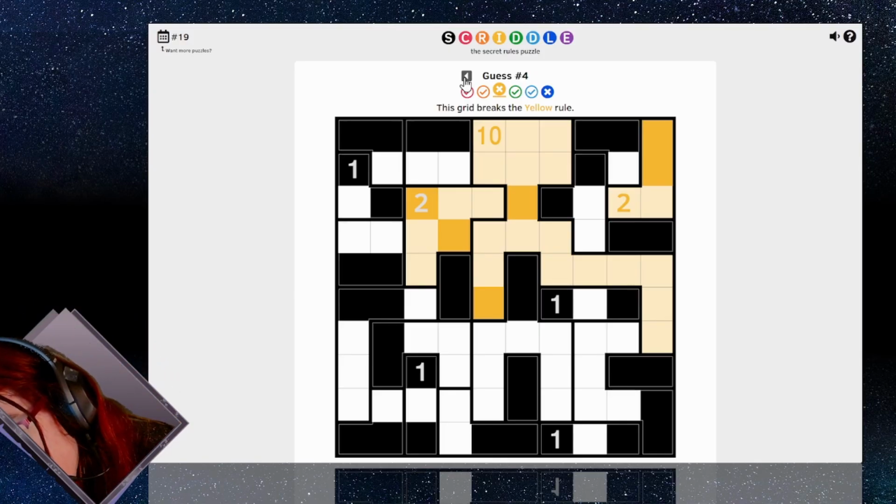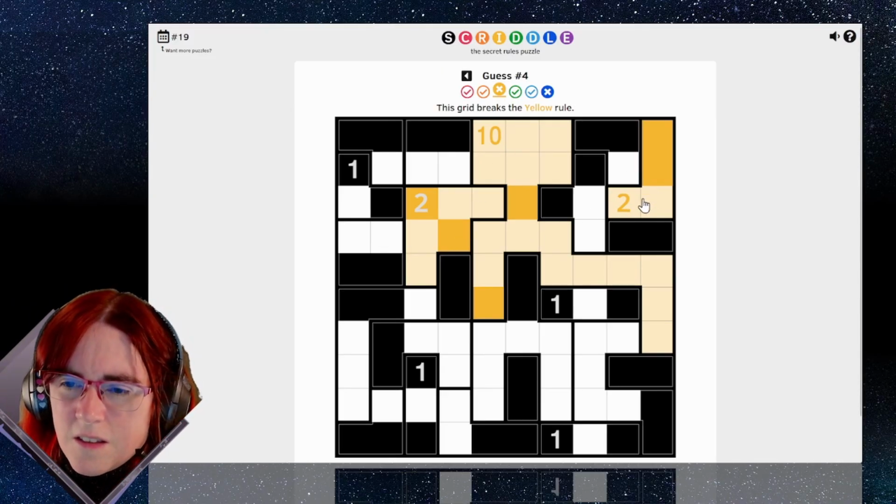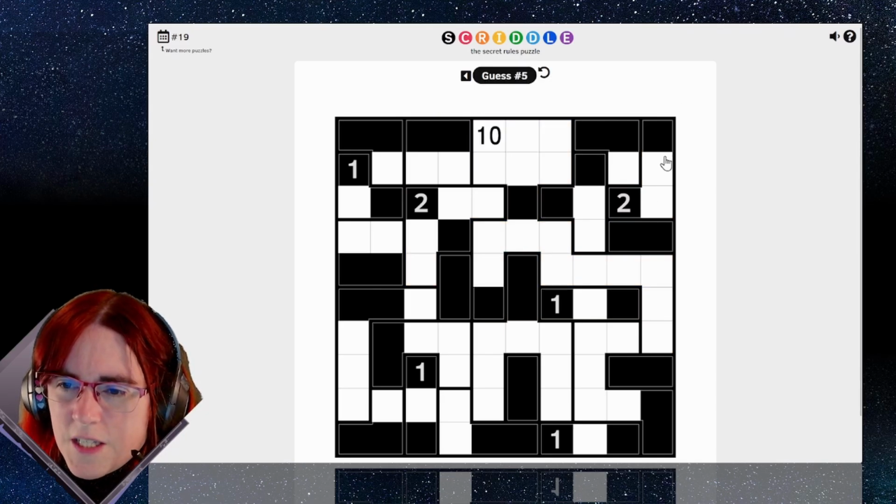Does it not like us? No. I kind of feel like we should try this for the yellow, for this one up here. Just because this seems to be the pattern that it likes here, of having a white in between two black ones.